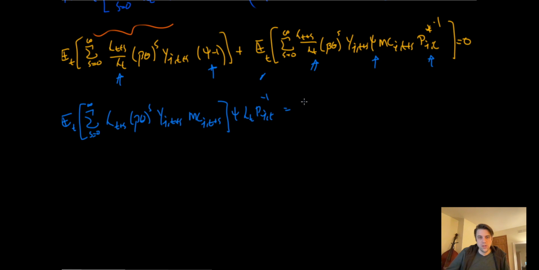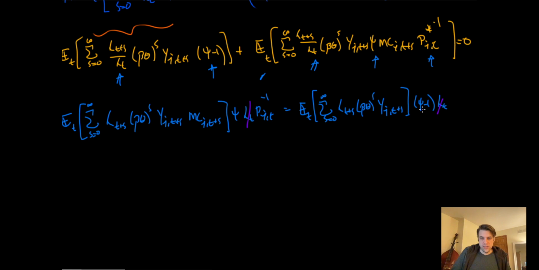This is equal to this left side. And that's going to be the expectation of the infinite sum of lambda t plus s, beta theta s, yjt plus s, close. And then as promised, we have psi minus 1, lambda t. So we have a small cancellation. We can cancel lambda t and lambda t. We can also put all of these coefficients together.